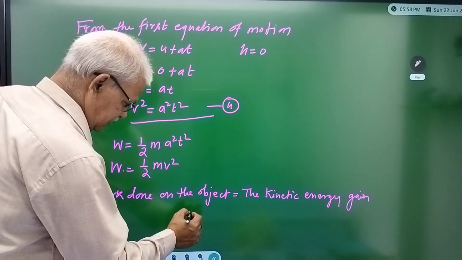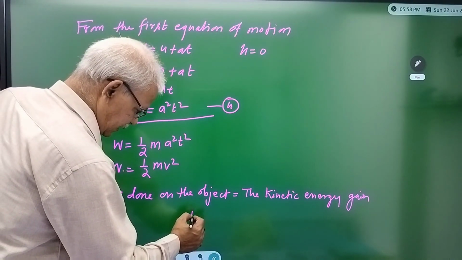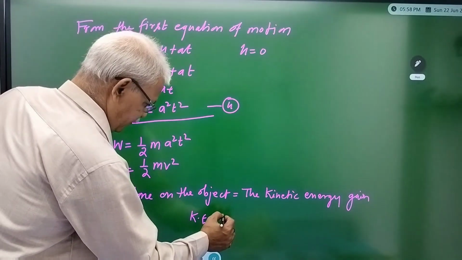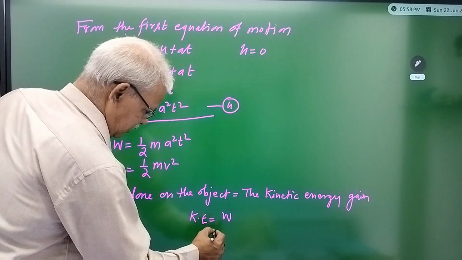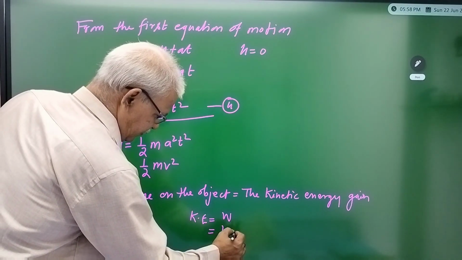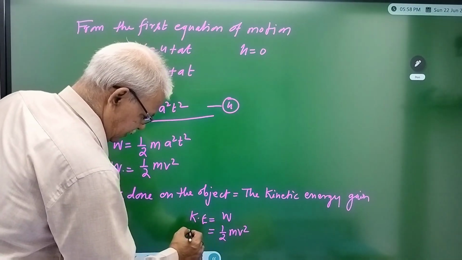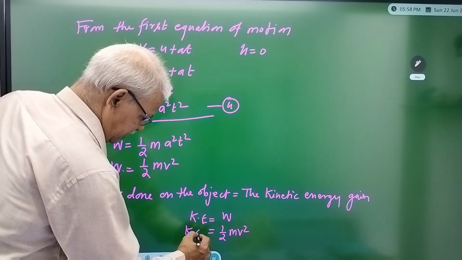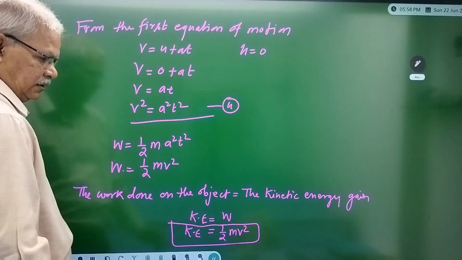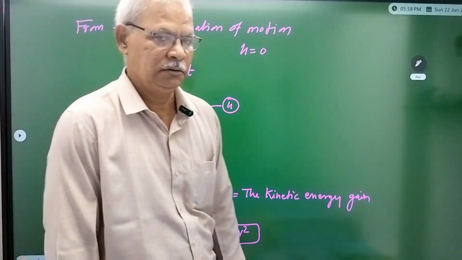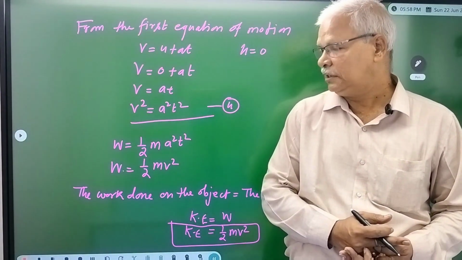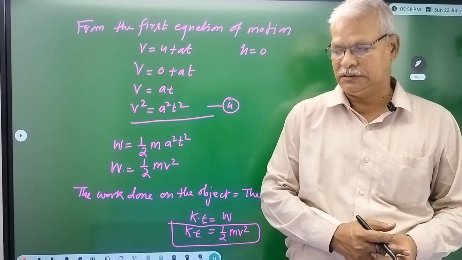Therefore, the kinetic energy is equal to work done, or is equal to half m v square. This is the expression for the kinetic energy.